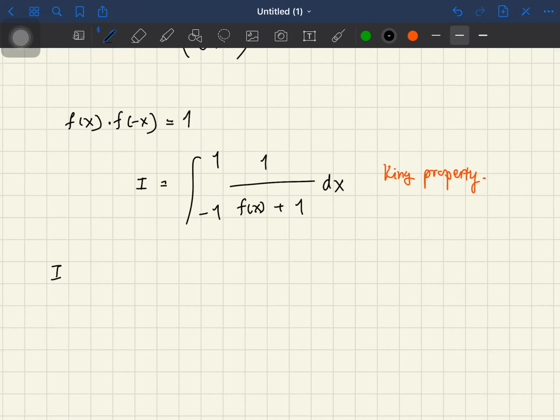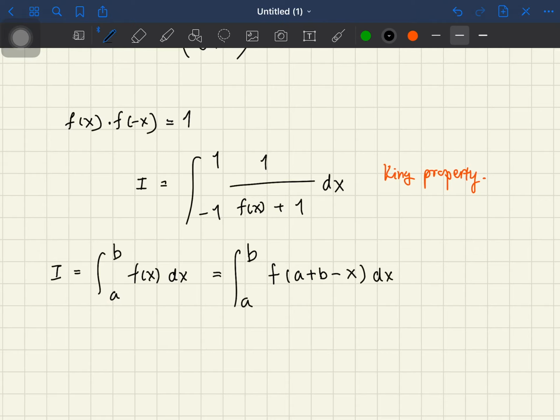Theoretically, it says that if you have a definite integral from a to b of f(x) with respect to x, then you will have another equivalent integral with the same boundary, but you just have to modify the function a bit. You will get f(a plus b minus x) with respect to x.